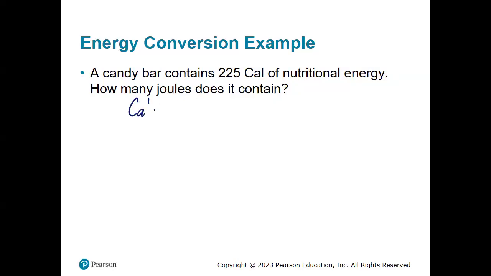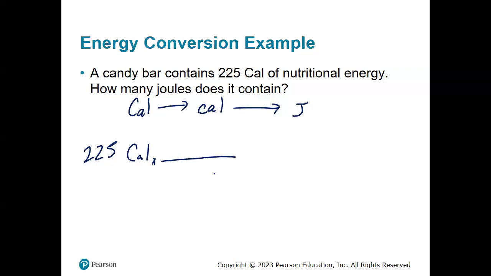We're turning calories into joules. There is no direct conversion for that, at least not easily done. So we're going to go from calories with a big C, kilocalories, to little calories, to joules. Starting with what we have, 225 big C calories, we need to turn the big C calories into little c calories.